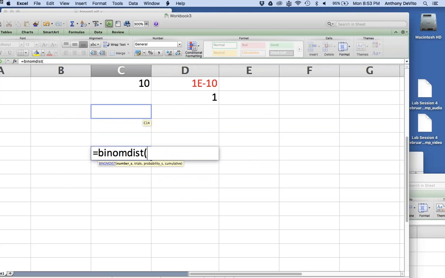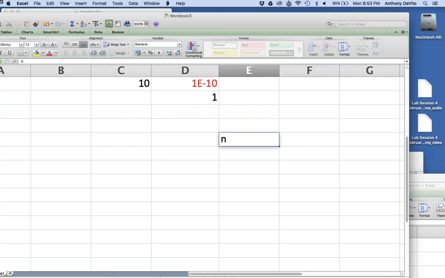Let's say you had 1,000 trials. You sampled 1,000 people, and the probability of HIV in that population is 1.5%, right? Okay, I'll write this out first. Let's say your sample size is 1,000, right?